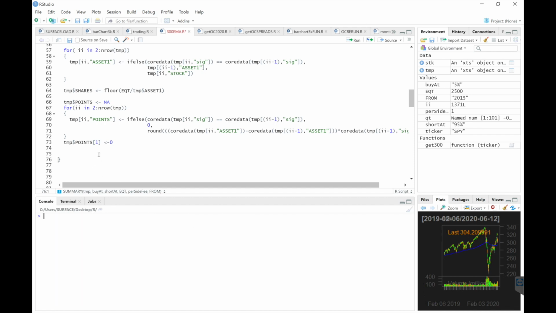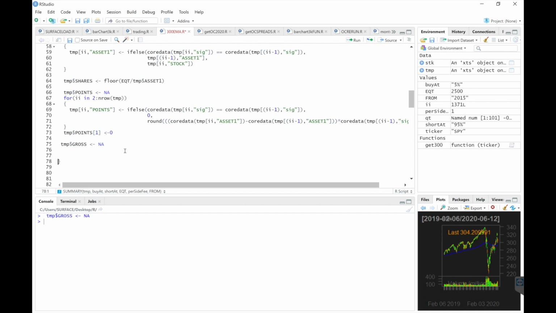Clear this out. Now we're going to calculate our gross profit. Set that equal to NA. So again, we're going to have to iterate through each row. And we'll do the temp, iterator, gross. We'll use an if-else again.